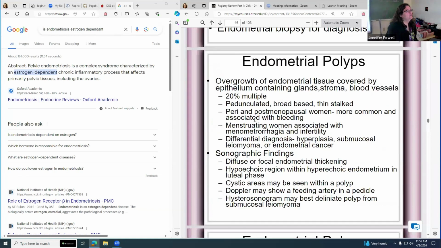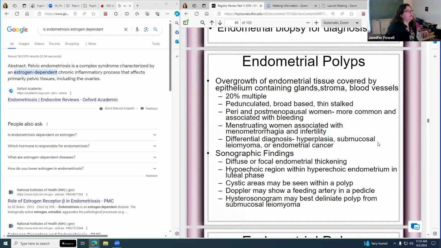So endometrial polyps is an overgrowth of endometrial tissue covered by epithelium containing glands, stroma, and blood vessels. 20% of the time, you can have multiple. They can be pedunculated, meaning that they're growing from a stalk. Broad-based, which means there is no stalk. It's just kind of the whole base is connected to the wall, or they could be thin stalked.